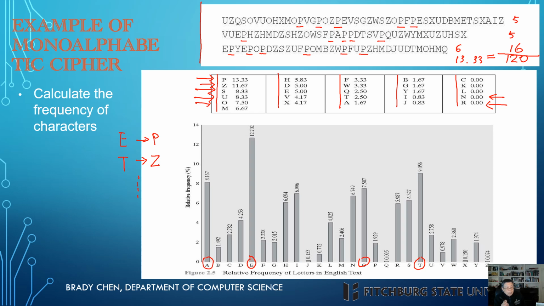Okay, because mostly in the English language, once we can actually figure out a couple of high frequency letters, we can fill out the remaining letters. Okay, that's a kind of interesting game we can play.